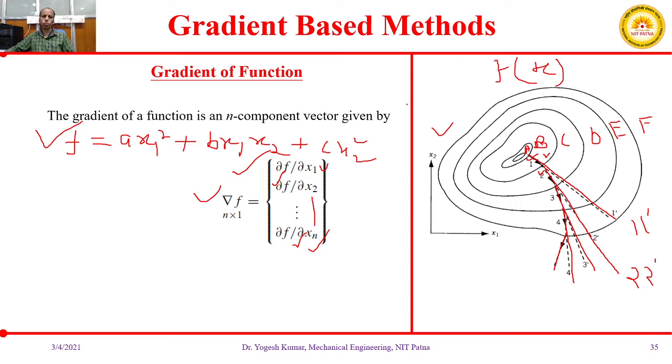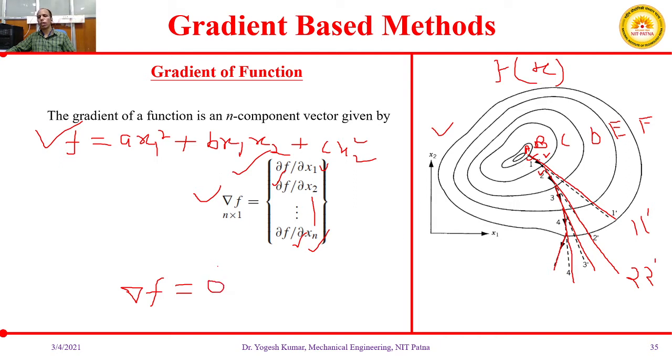And from the optimality criteria, we know that at the optimum value of the variable or the optimum value of the function, the gradient should be equal to 0.